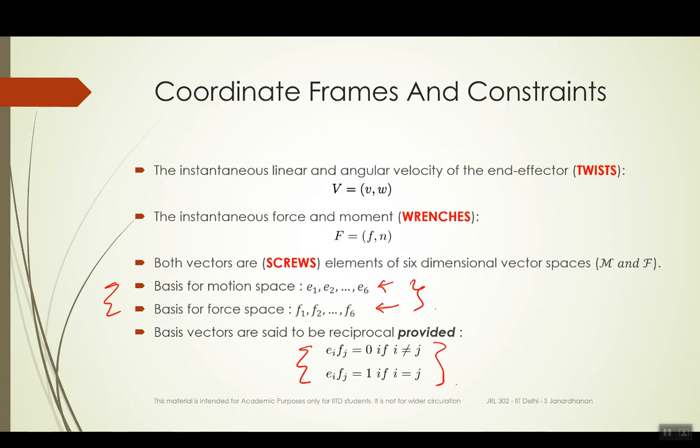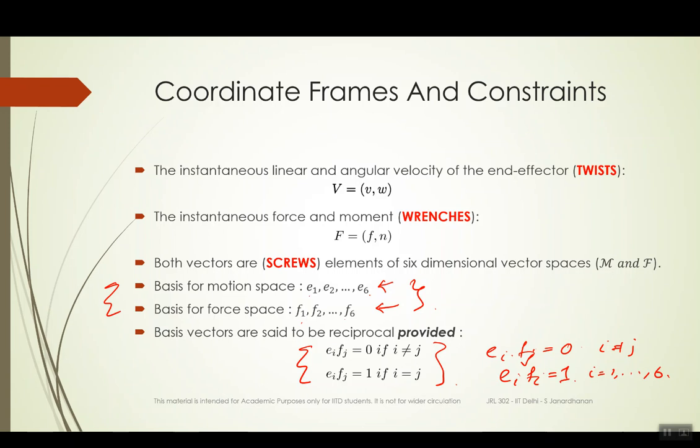That is, you have arranged E1 to E6 and F1 to F6 in such a way that EiFj is equal to 0 for i not equal to j, and of course EiFi is equal to 1 for i being equal to 1 to 6.